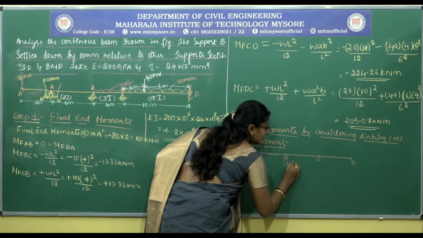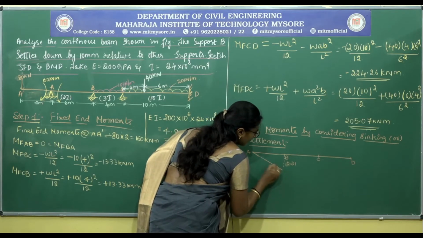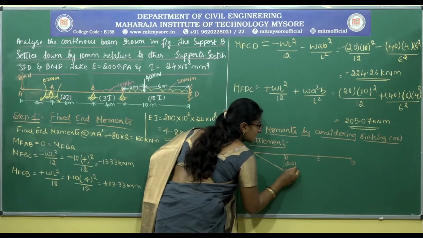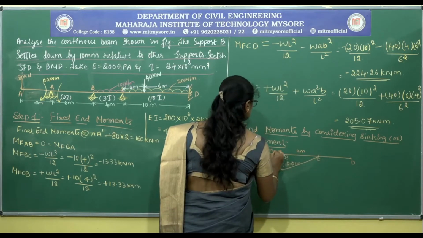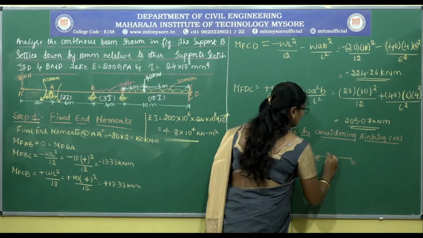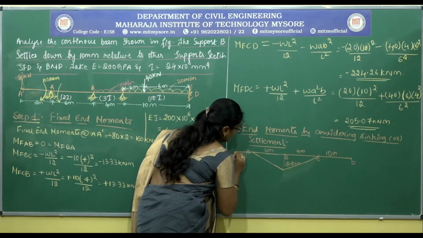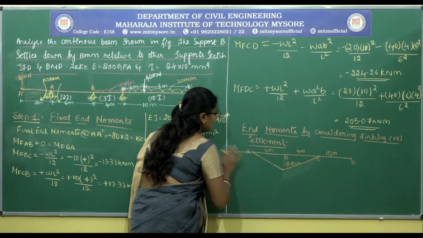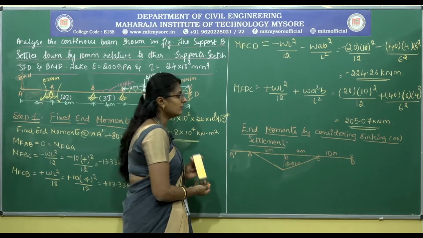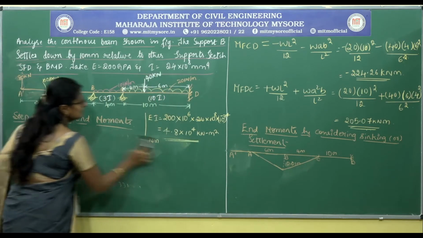To convert it to meter, it is 0.01 meters. So this is 4 meter, 6 meters. We even have an overhanging span of A dash for a particular loading. So we need to calculate the end moments by considering the settlement.